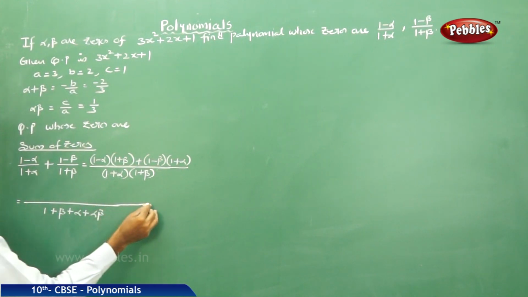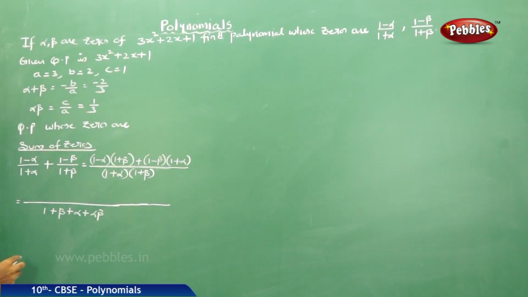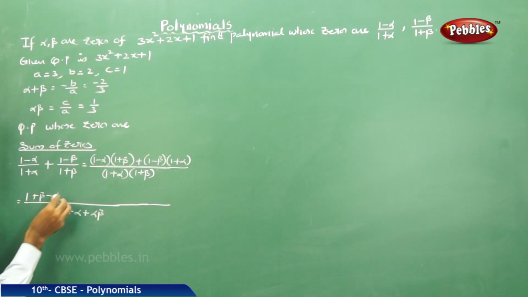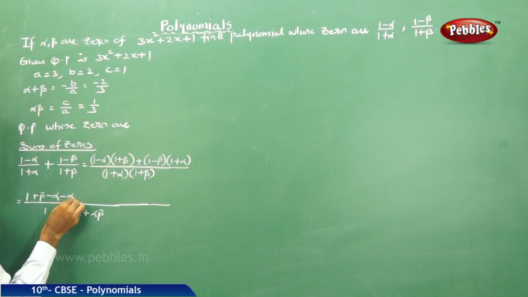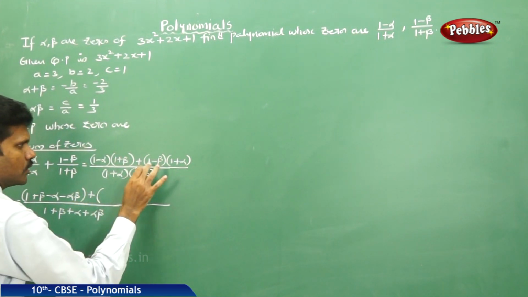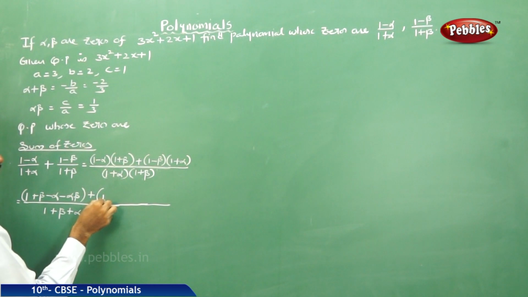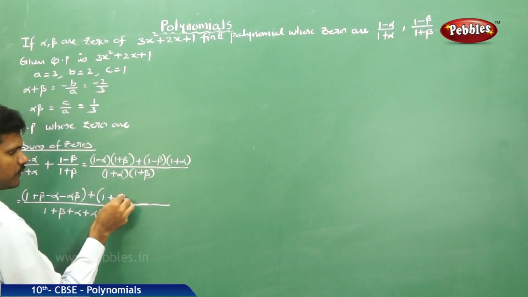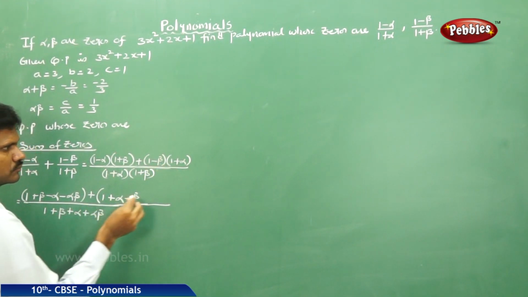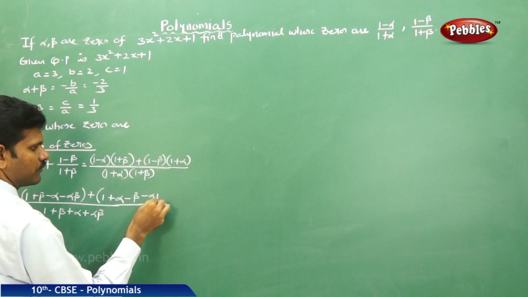Now come to the numerator. 1 ones are 1, 1 into plus beta, minus alpha into 1, minus alpha, minus alpha into beta, alpha beta. The first part is simplified. Now come to the second part: 1 into 1, 1, plus 1 into alpha, alpha, minus beta into 1, beta, minus alpha beta.